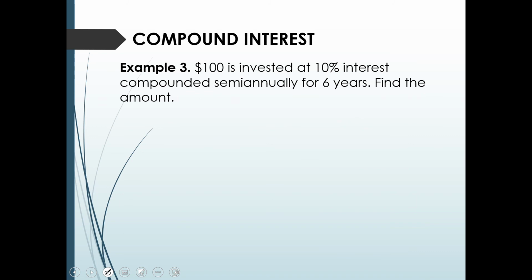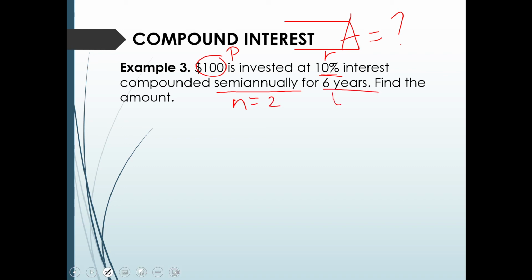Let's have another example. 100 is invested at 10%, compounded semi-annually for 6 years. Find the amount. So we are talking about A here. We need to find A. So 100 is your principal. R is 10%. Semi-annually, so what is semi-annually? N is 2. 6 years, so this is your T. Okay, so let's plug into our formula.